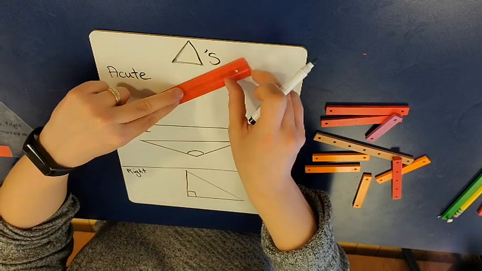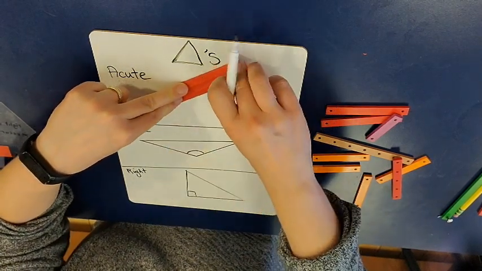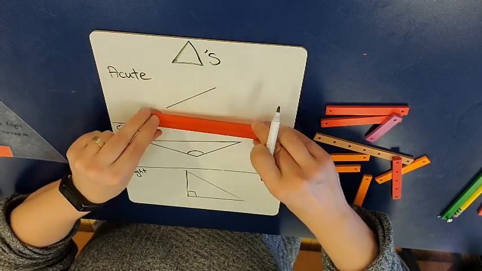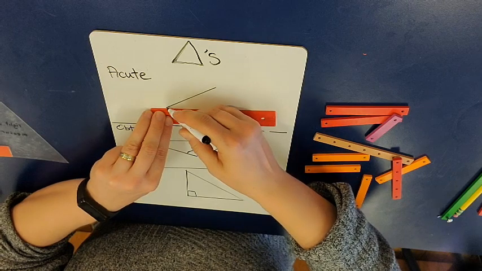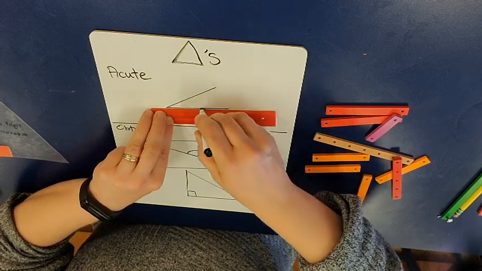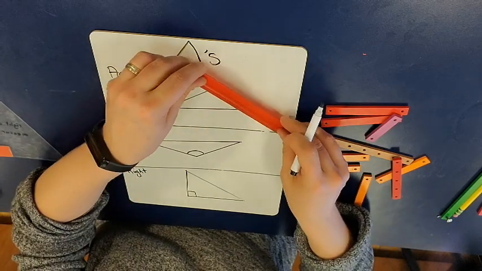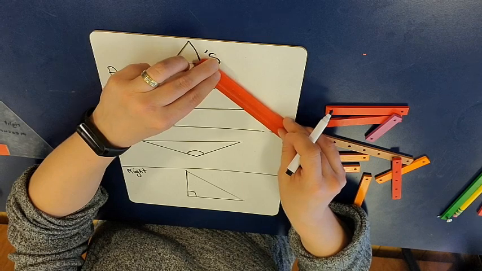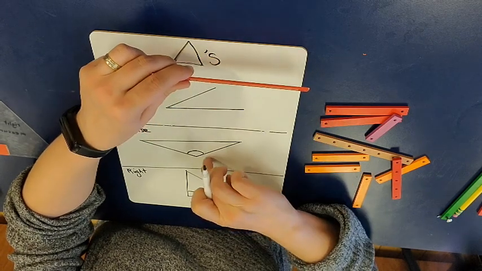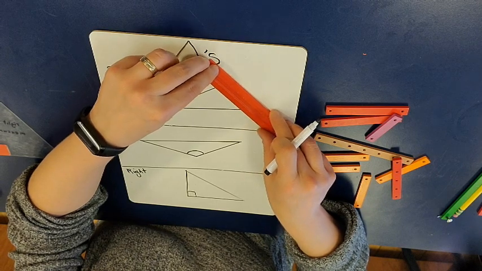I'm going to make an acute angle. There's one arm of my angle, one side of my triangle, and here's another one. And with the acute, you have to be careful that one of your angles doesn't turn into an obtuse. So I'm going to make sure.